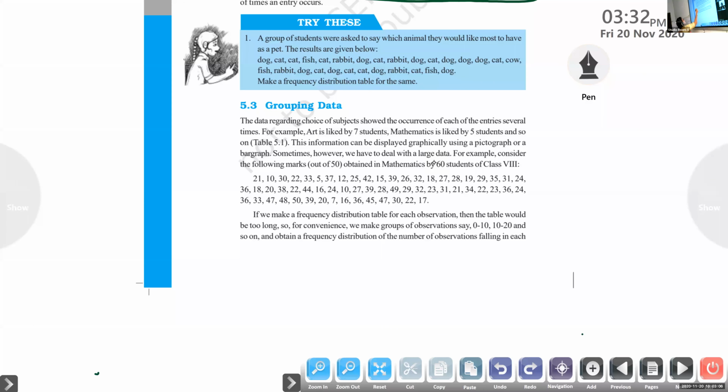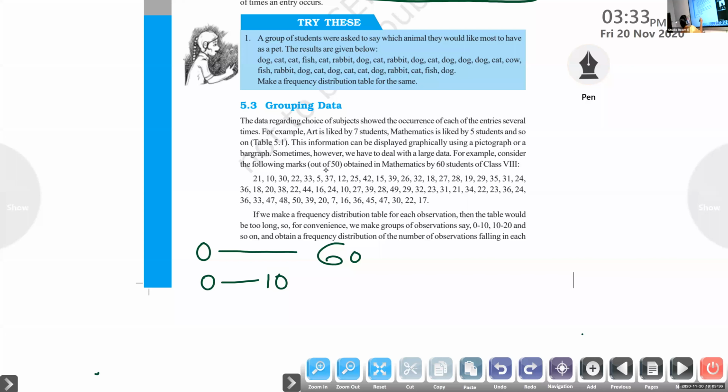Our marks range from 0 to 60. So we will take the first class as 0 to 10, which means in this class we can include all the marks between 0 to 10. Let us check how many are there between 0 and 10.